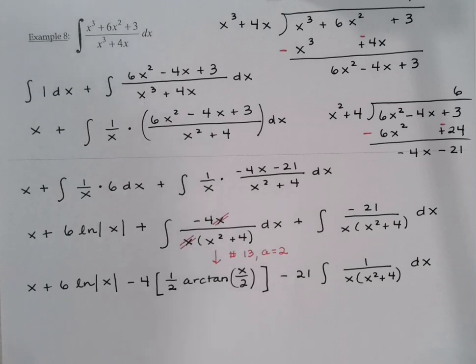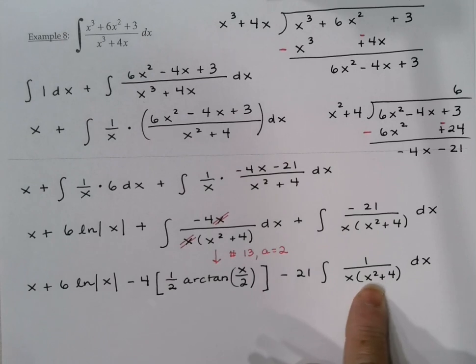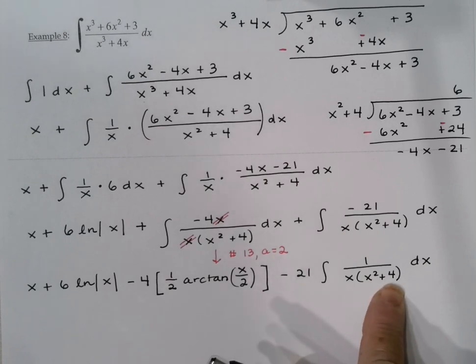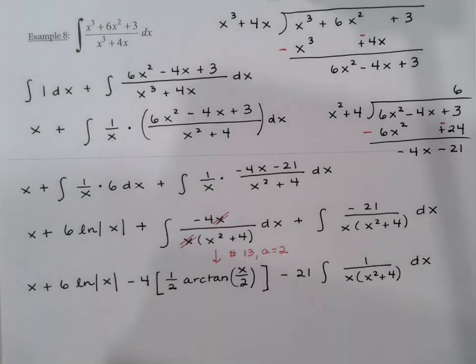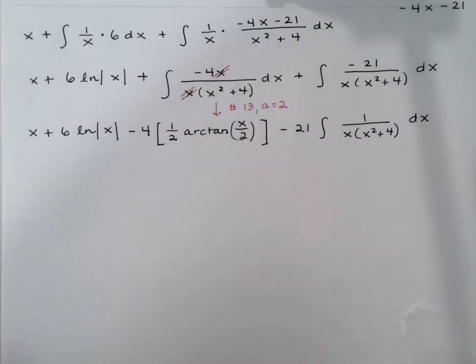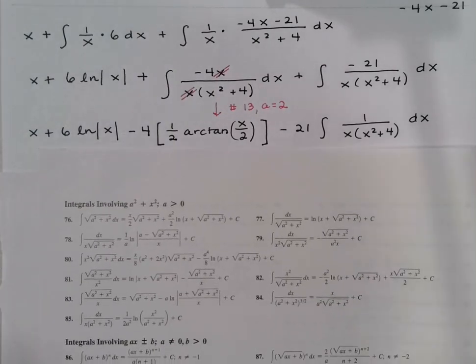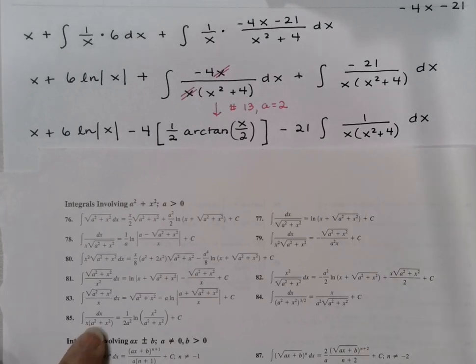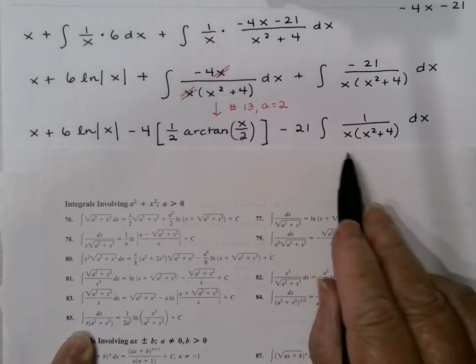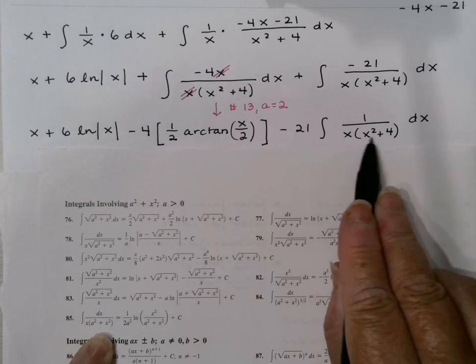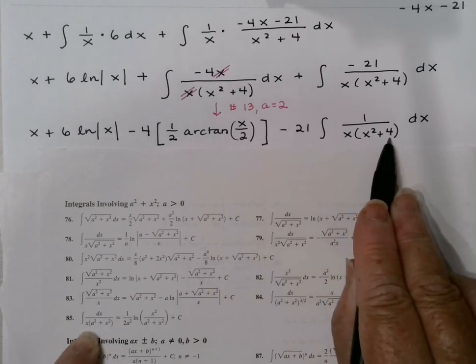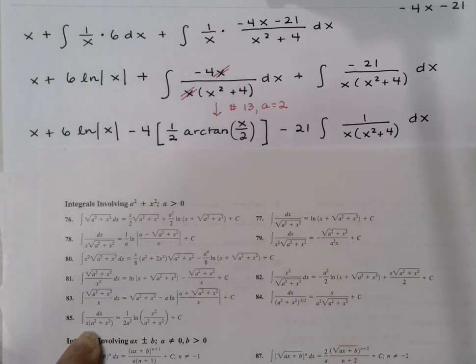We've got a squared plus x squared, so I want to look in that section. And I think all the way down here, number 85 looks like it'll do it, right? We've got the x out in front, and then the x squared plus a squared. Again, my a is 2. So let's do number 85 with an a of 2.